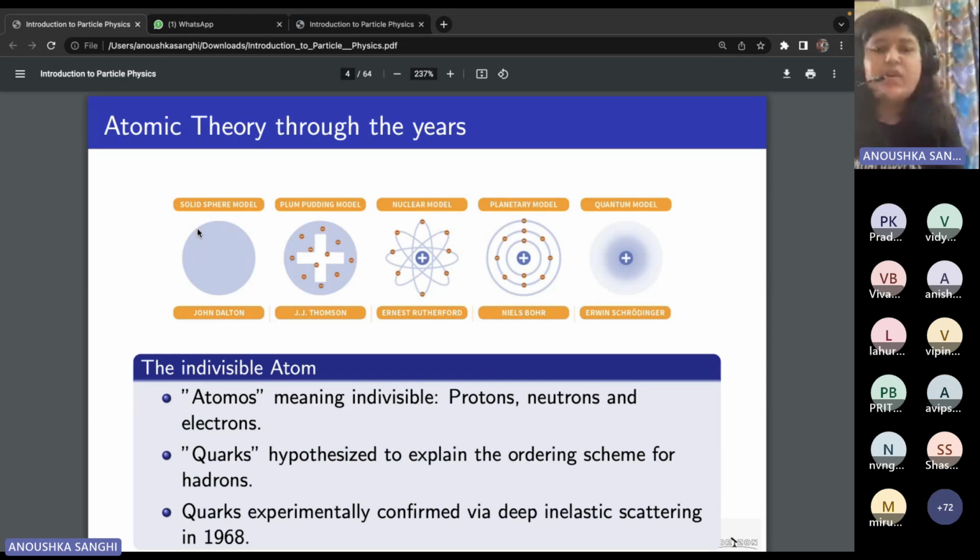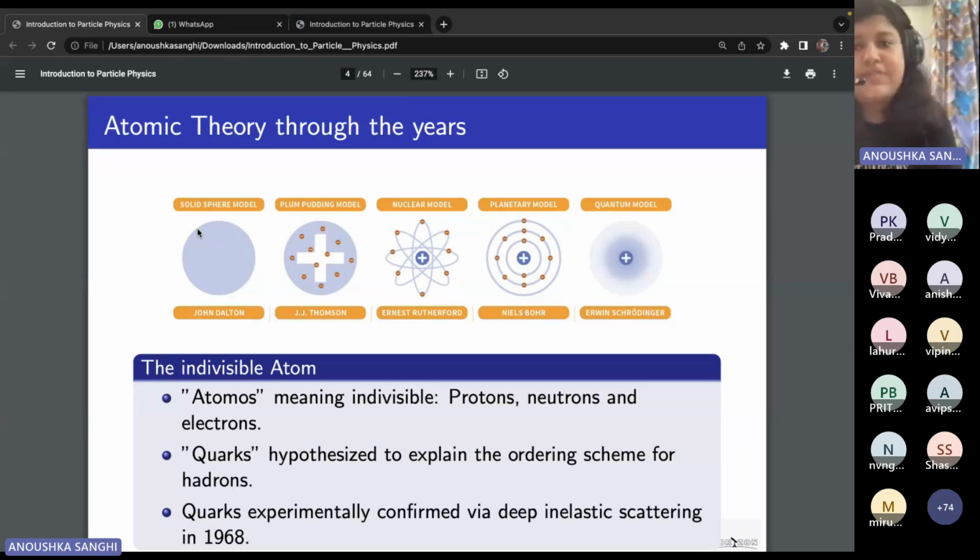Next, the model given by Rutherford, which is known as the nuclear model, shows that the atom consists of a tiny, dense, centered nucleus, and this was a big breakthrough out of the various models.